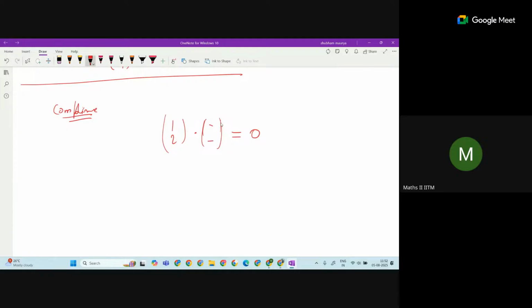What is going to be in the blank space? Can anyone answer it? This is just solving a system of linear equations.